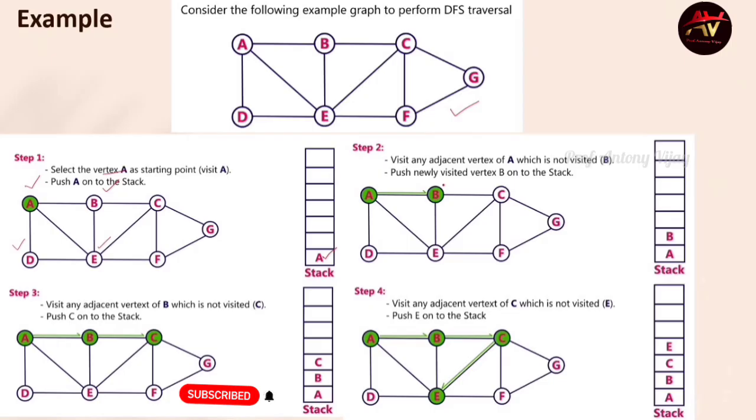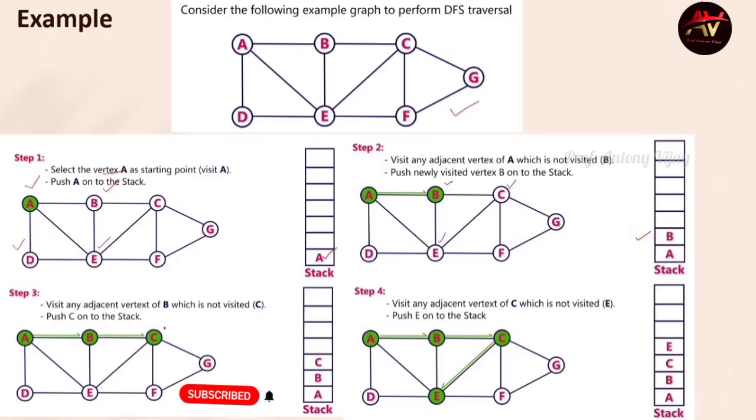After that I visit B, and once I have visited B, I push B into the stack. After that I find the adjacent vertices for B. For B we have vertex E as well as C. There are 2 different vertices, but I am choosing C here.